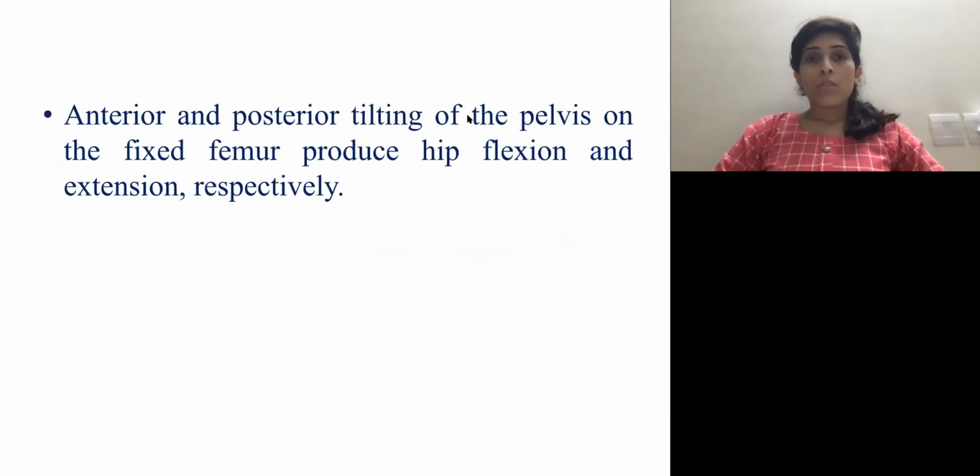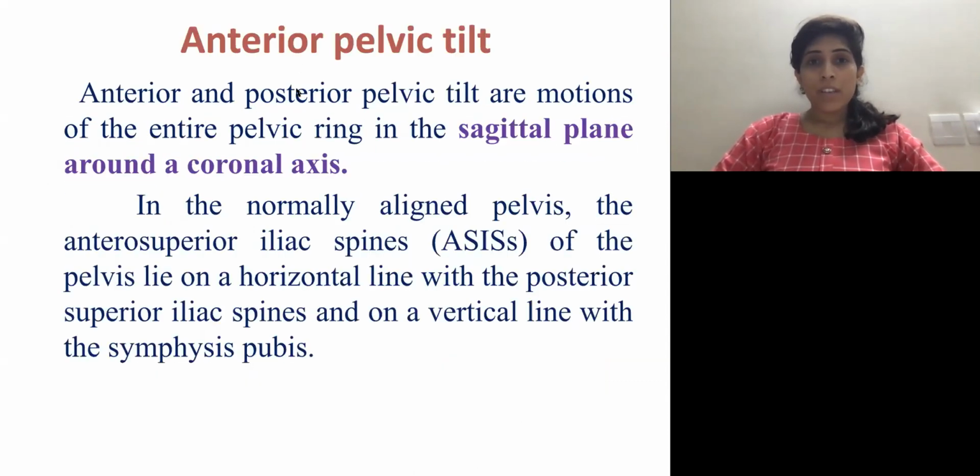Okay, so we'll see first anterior pelvic tilt. Anterior pelvic tilt occurs in the entire pelvic ring, and it occurs in the sagittal plane around the coronal axis. So what will happen?